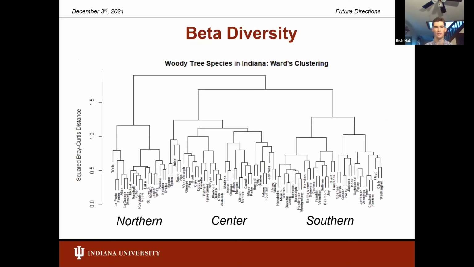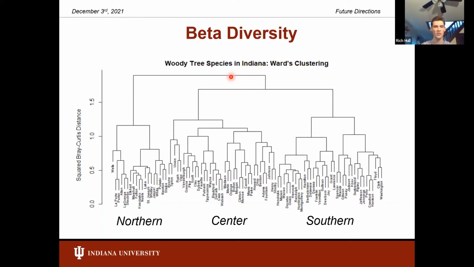So here's a visualization of what beta diversity looks like in woody tree species in Indiana. This is from Deam's data, and this visualization technique is called Ward's clustering, which is the beta diversity metric.